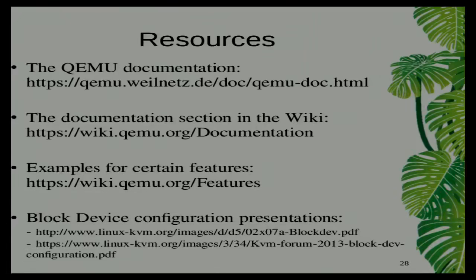Options that we intend to remove are clearly marked as deprecated. So if you run QEMU with such an option, it normally prints out a line at the start: this option is deprecated, please use something different instead. And we've got a chapter in the QEMU documentation where we list all the deprecated devices.